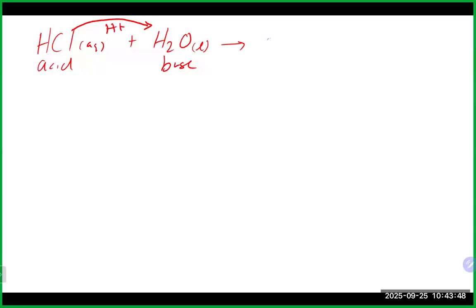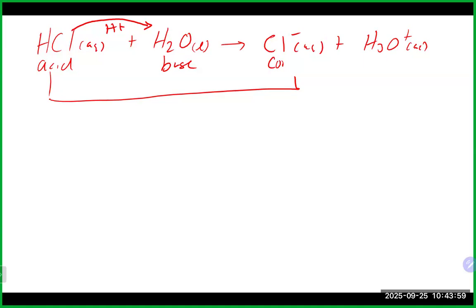That's going to make here Cl minus and our H3O plus. Once again, this side is my acid. This guy here would be my conjugate base. My base is my water, and my H3O plus would be my conjugate acid.